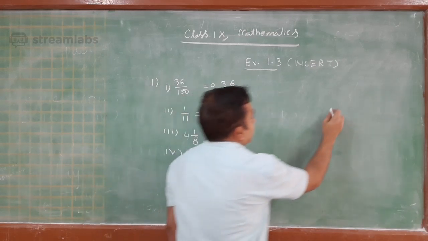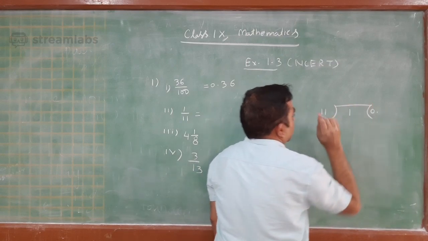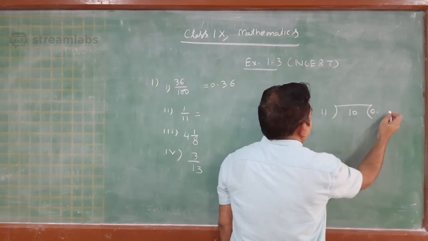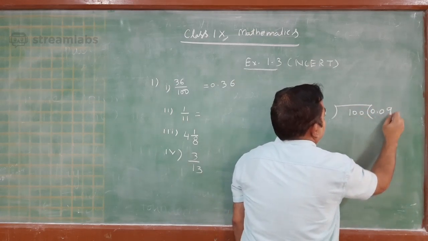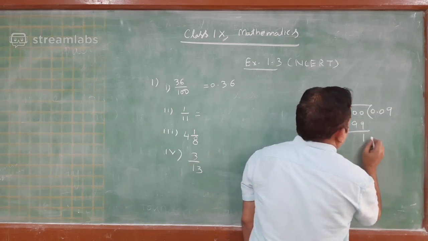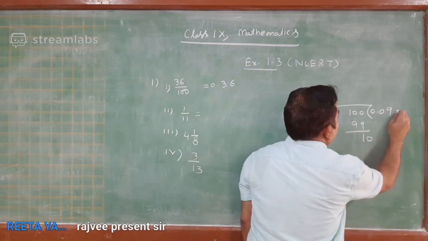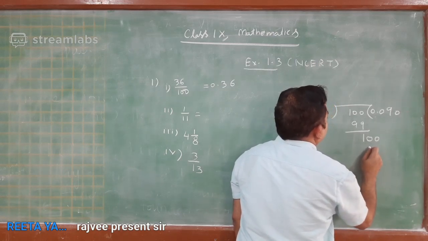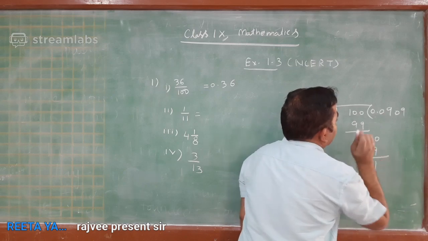This you have to do by proper division. You have to put a decimal, 10, right? It doesn't go, 0, 11 nines are 99, and again 1, right? Again 0, it doesn't go, then again 0, and 11 nines are 99, and again 1, right?